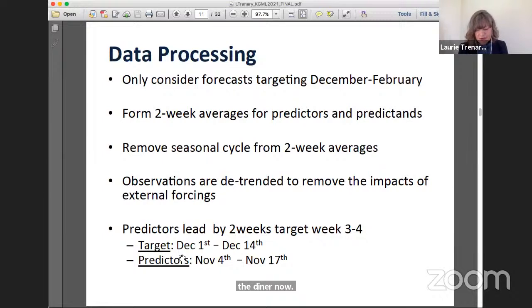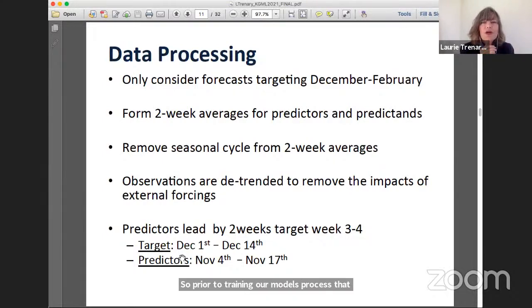So prior to training our models, we process the data, so our forecast will only target the months December through February. We do this because that's when we expect the predictability to be greatest. All the predictors and predictands are 2-week averages, and the seasonal cycle is removed from the 2-week averages, so the data are centered.